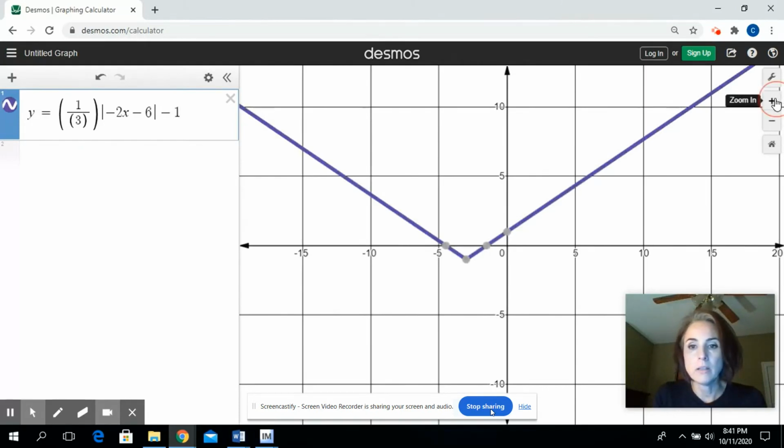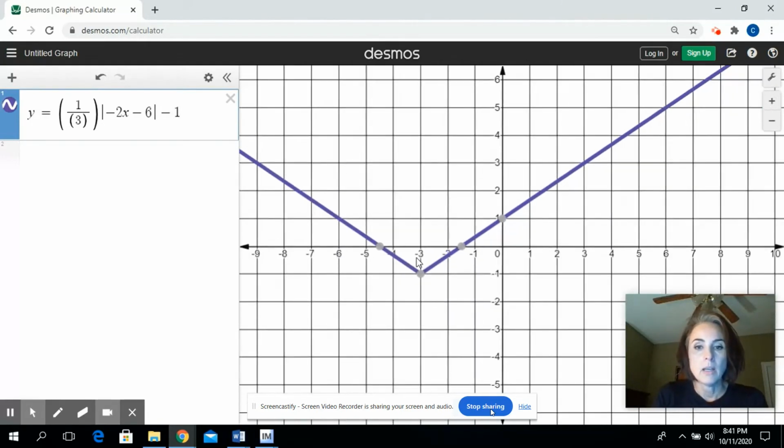So let's go in, and you can see where the vertex is at negative 3, negative 1. It crosses the graph at 0, 1 and at negative 6, 1. But the idea is you should be able to do this without a calculator. I just wanted you to see that it actually did work.